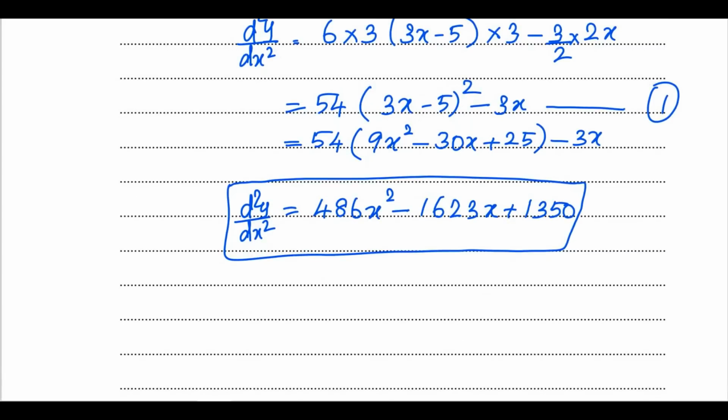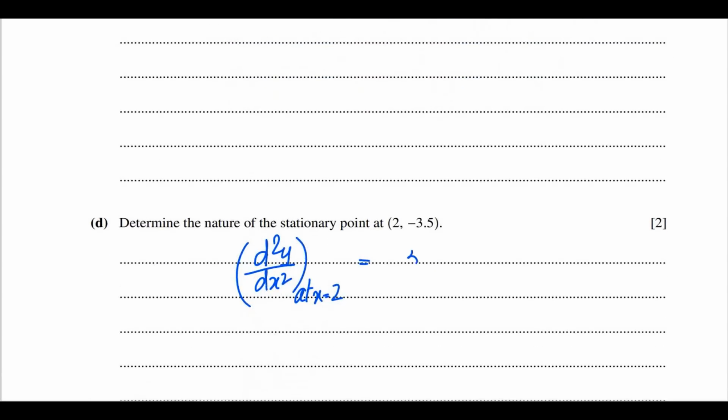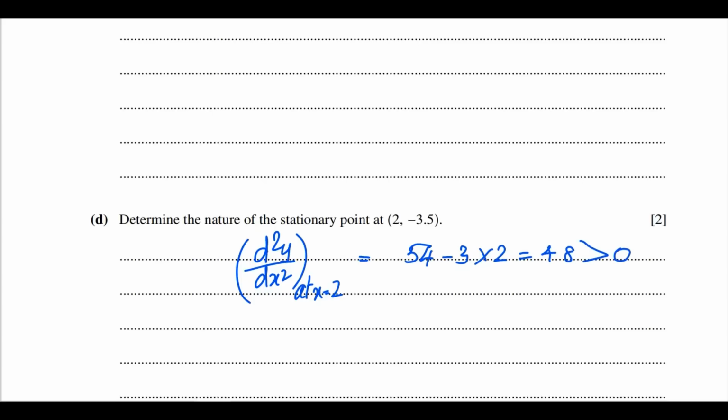So x is 2. 3 multiplied by 2 is 6, 6 − 5 is 1, 1 square is 1. So 54 multiplied by 1 square is 54, minus 3 multiplied by 2, which gives a positive value, that is 48, which is greater than 0. So it's a minimum point.